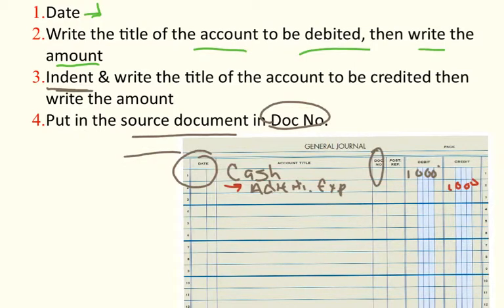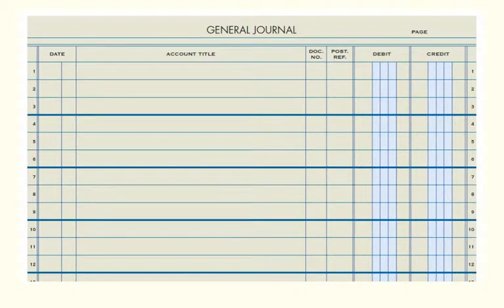So it's always date, write out the account title. We'll just say this is September 25th. Cash, advertising expense, and the document number. You will do this every single time that you're putting a transaction into a general journal. These steps have to be followed.